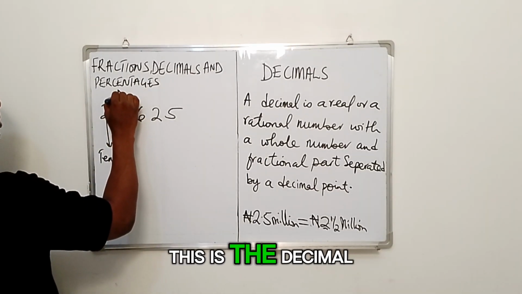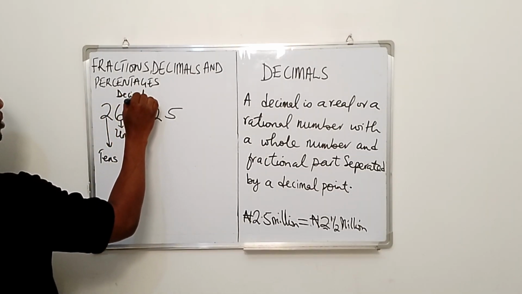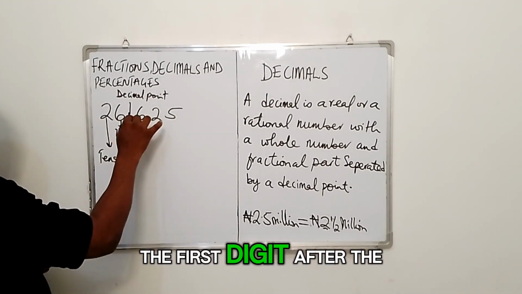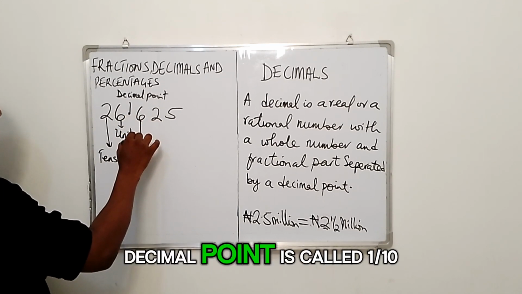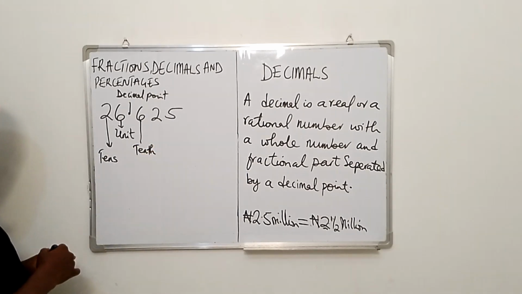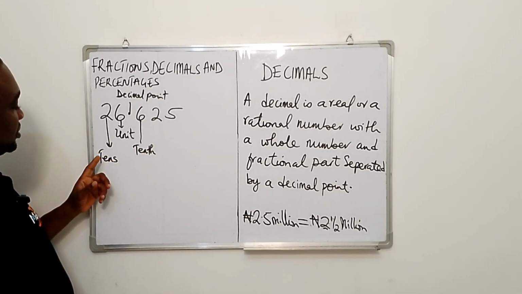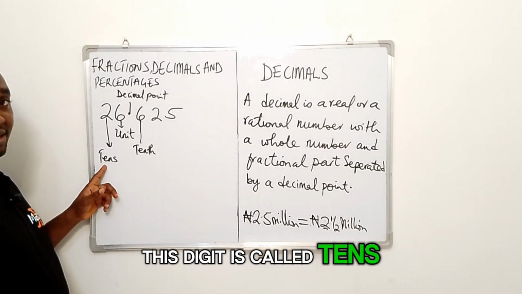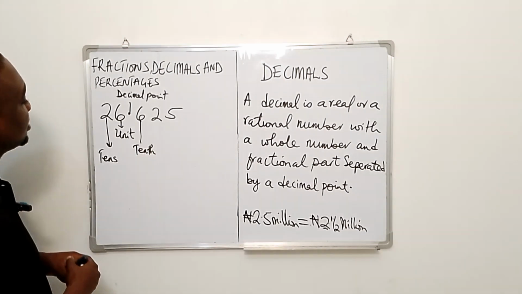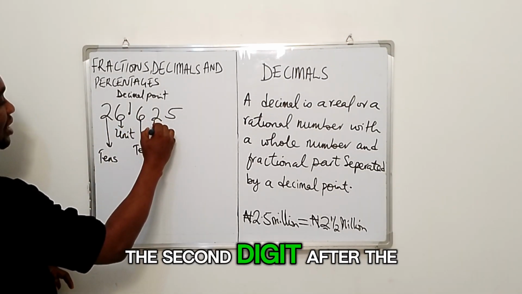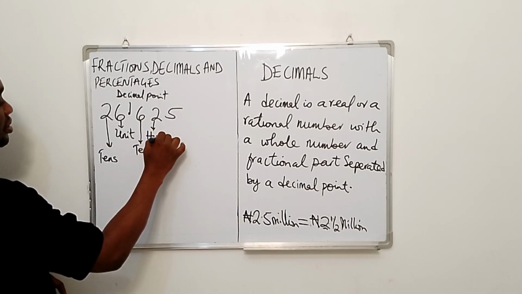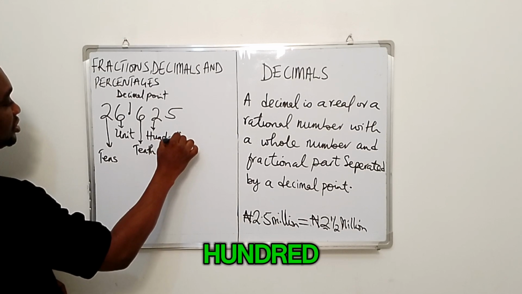This is the decimal point. The first digit after the decimal point is called a tenth. You know, this digit is called tens, but this one is called tenth. The second digit after the decimal point is called hundredth.